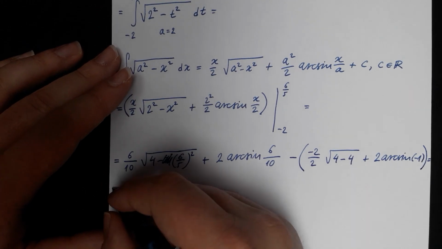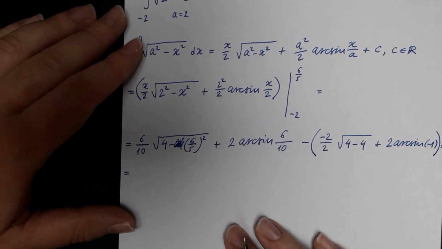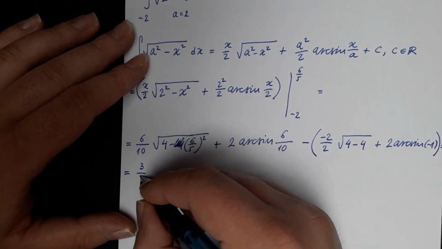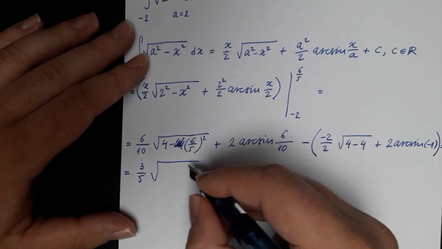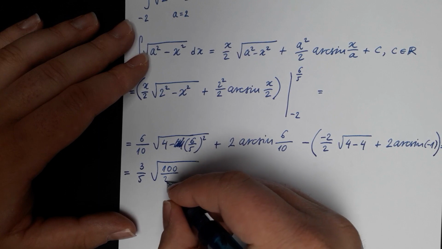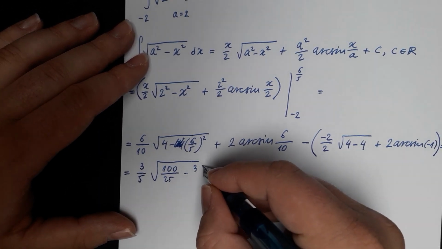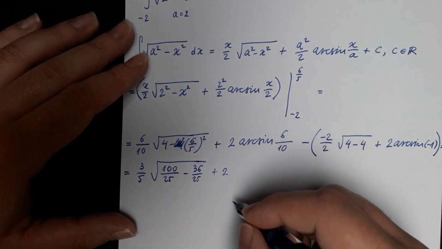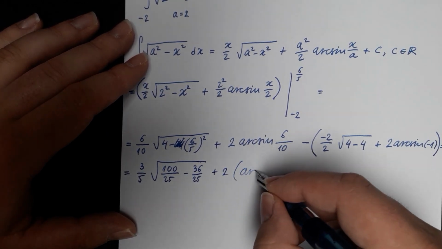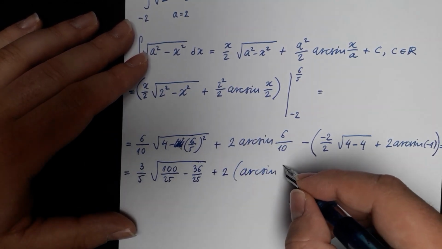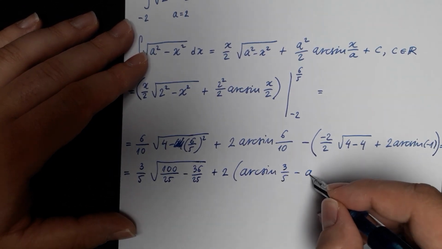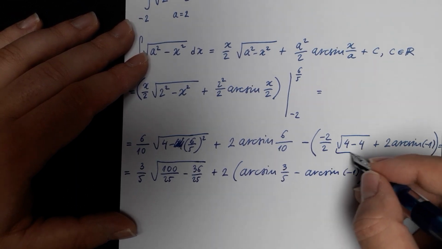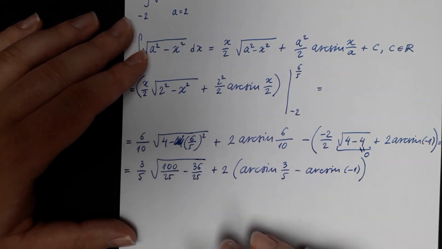And then this is equal to 3/5 times the square root of 100 over 25 minus 36 over 25, plus 2 arcsine of 3 over 5 minus arcsine of negative 1. This is equal to 0.